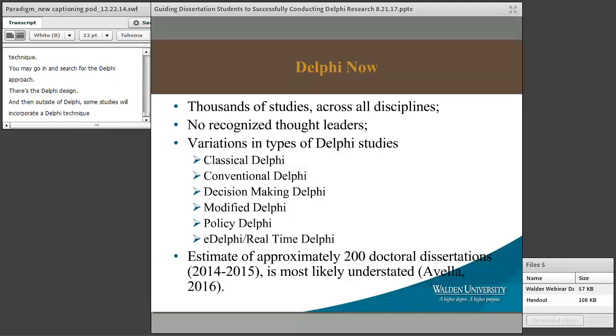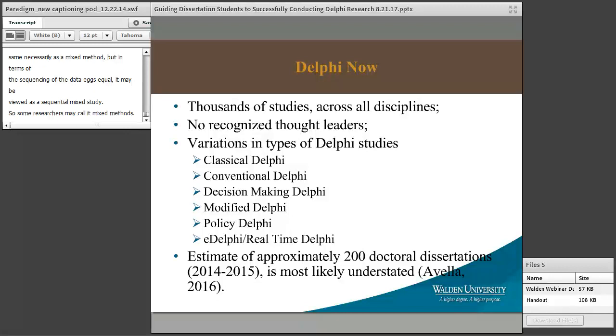In other cases, because of the iterative or mixed data collection, which is not necessarily the same as a mixed method, but in terms of the sequencing of the data collection, it may be viewed as a sequential mixed method study. So some researchers will call it mixed methods. So it's very hard to get a handle on the total number of Delphis that are out there.